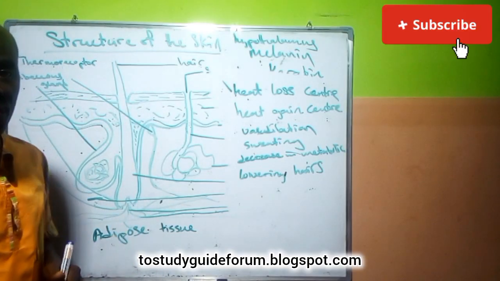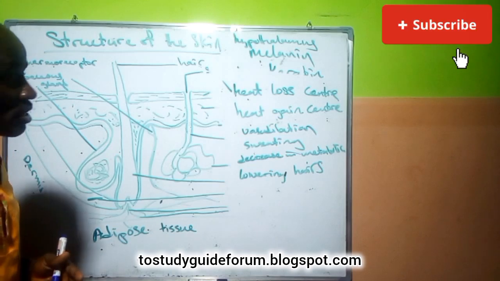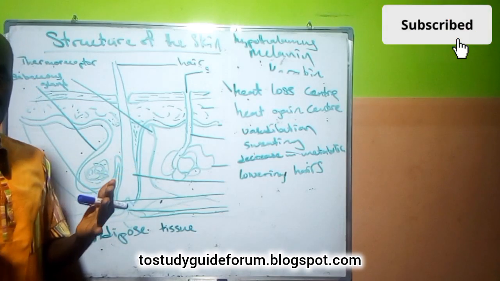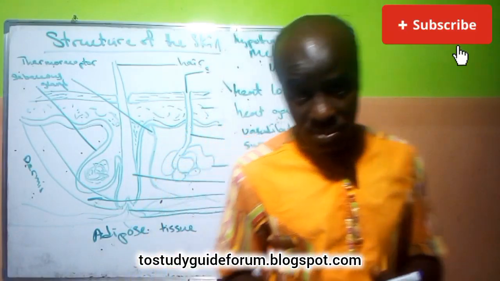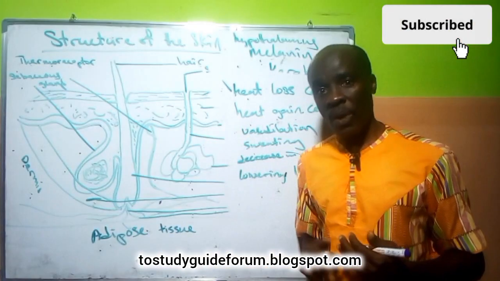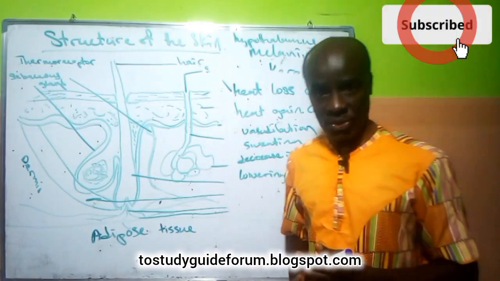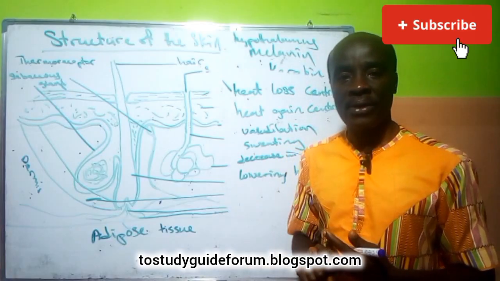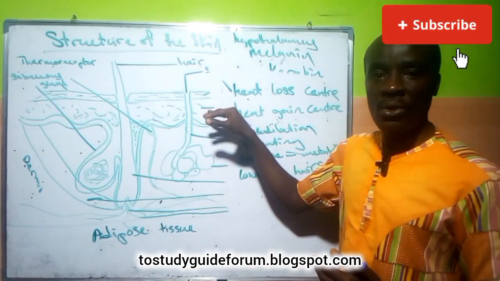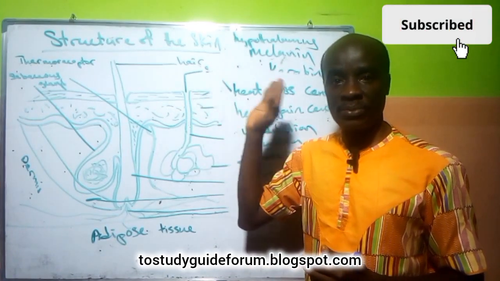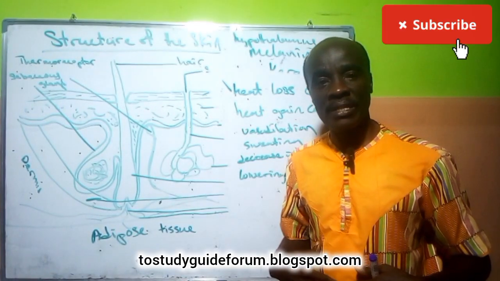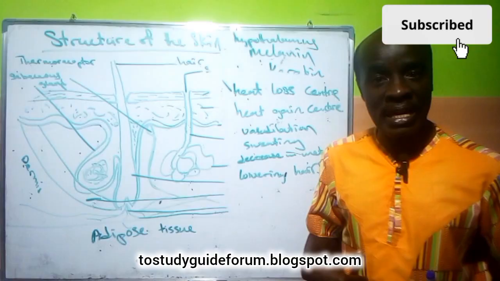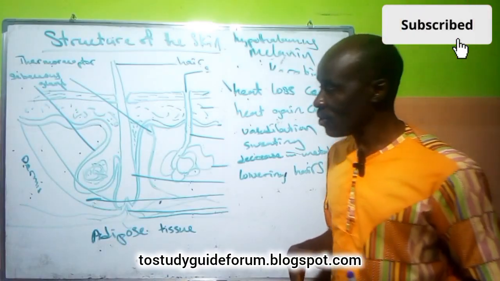As it gets to the surface, the body will lose heat by conduction, convection, and also by radiation. By losing this heat, the internal body system will maintain a relatively constant internal condition.